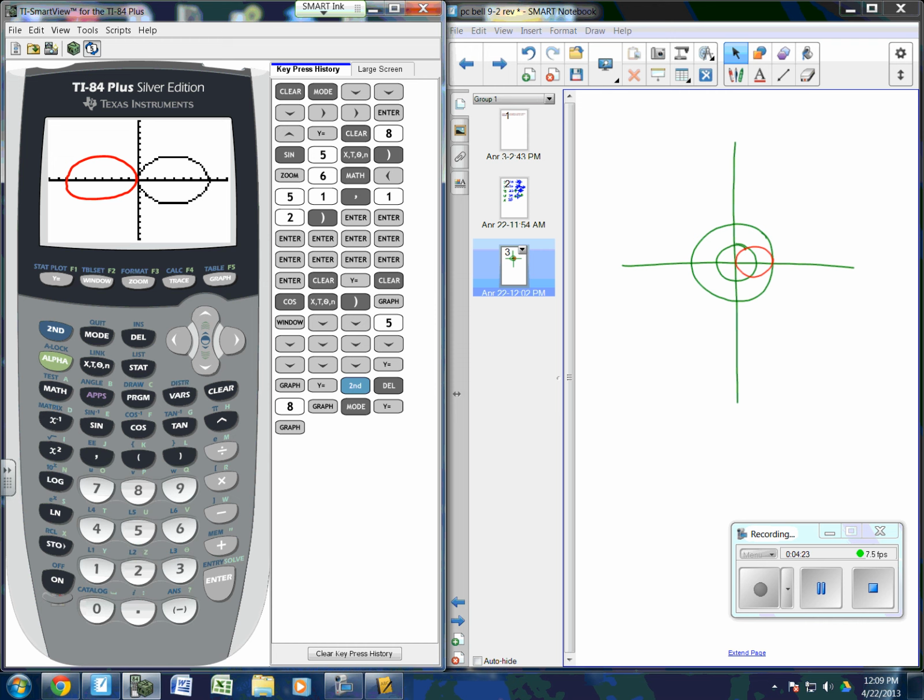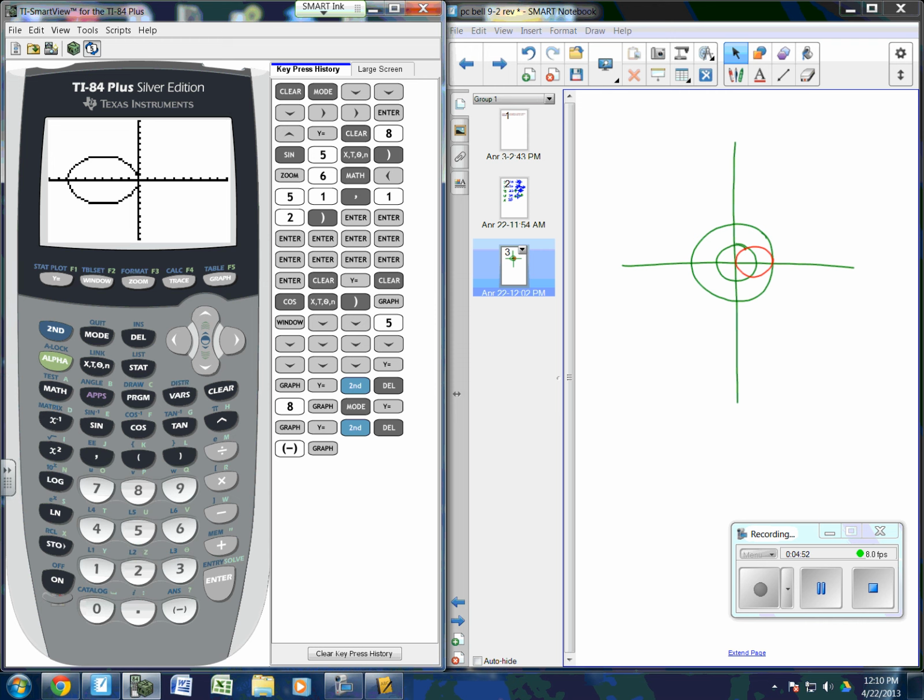McKay had it. Okay, Bryce, what did you get? Negative 8 cosine of theta. So if we go back here, I'm going to erase this. And we're going to go second insert negative. And there's negative 8 cosine of theta. Any questions?